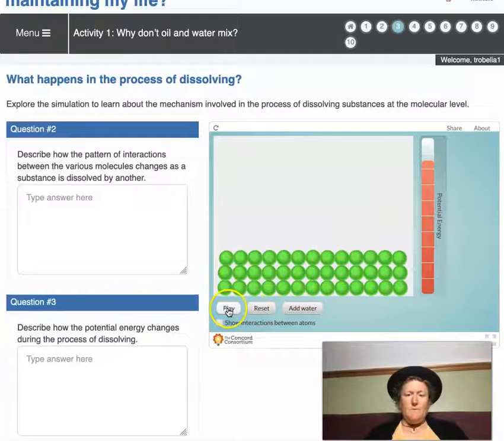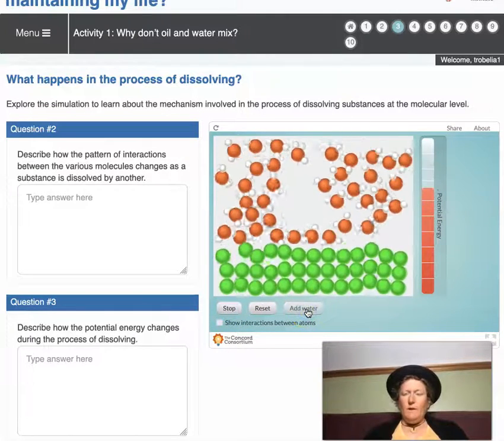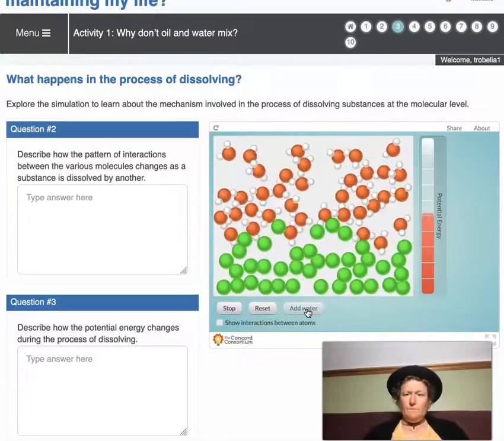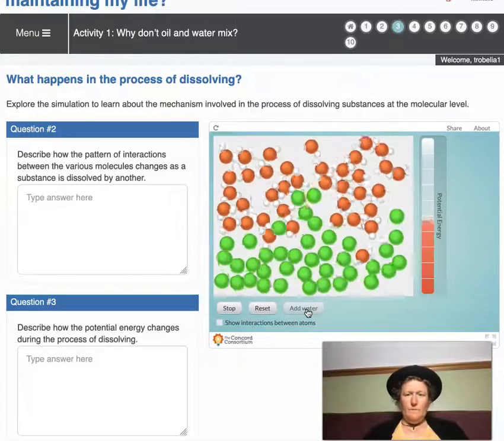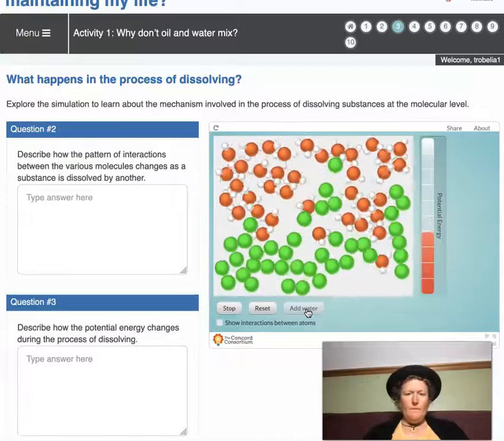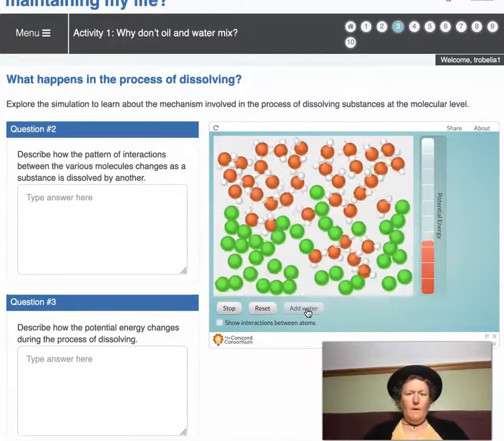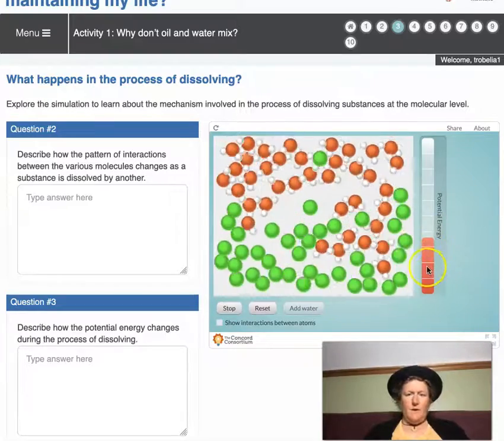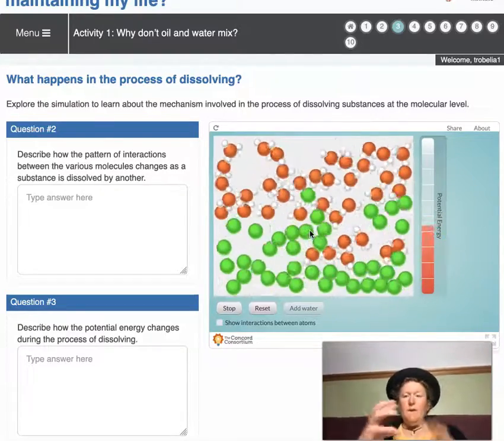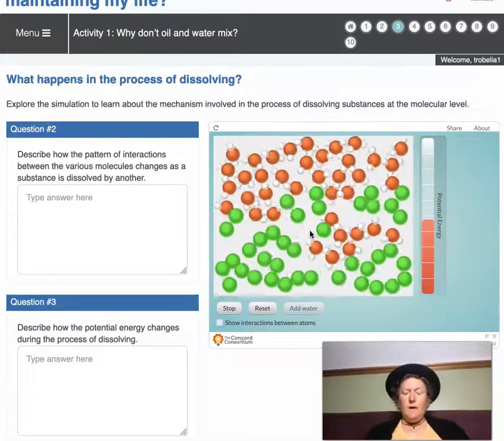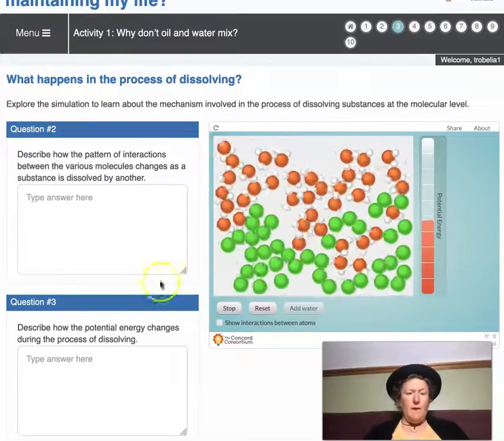And then as we play it, we can see they're moving a little bit as we add water. The potential energy changes, and those interactions between the green molecules and the red molecules start to happen.